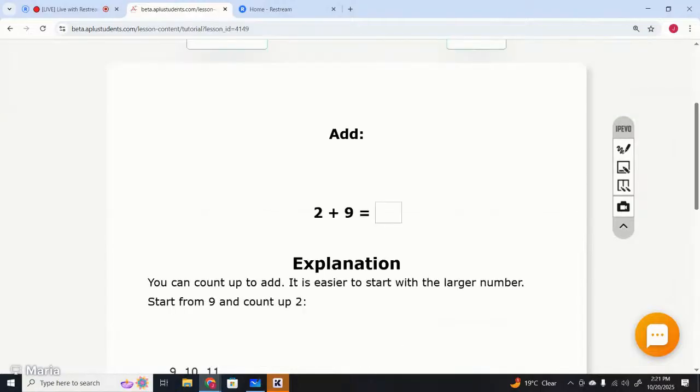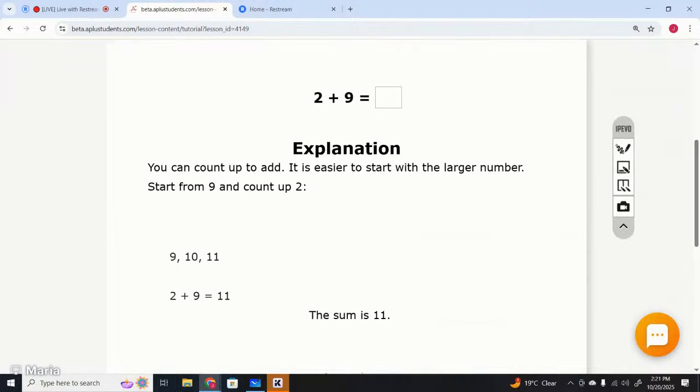Let's just start with the first lesson, that is 9. So always add from the greatest digit, and then you can add the smallest one. So start with 9 and count up 2. So that is 9, 10, 11. So the correct option is 11.